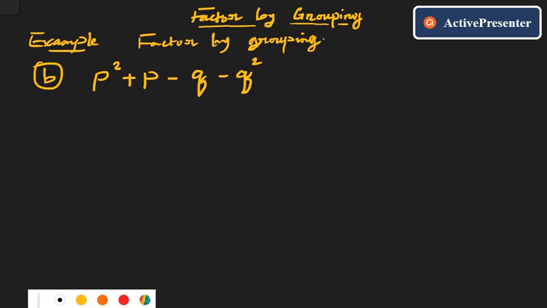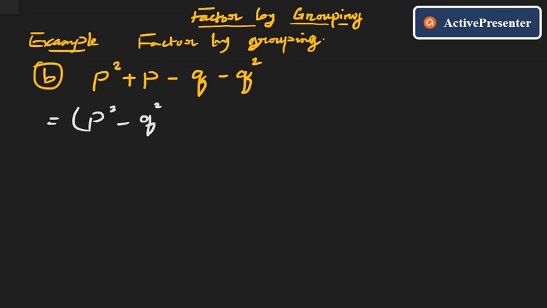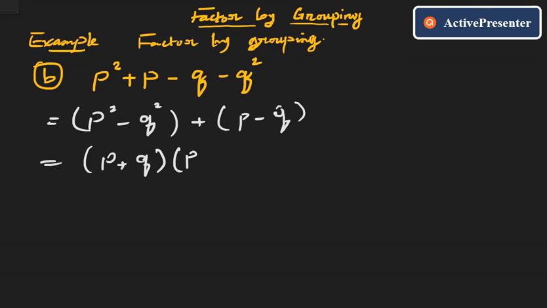What I am going to do is take these two together, because they form the difference of two perfect squares, minus q squared together, and I would take plus b minus q also together. What about this one? We can factor this. It is the sum multiplied into the difference.